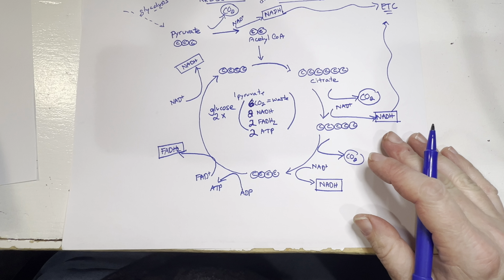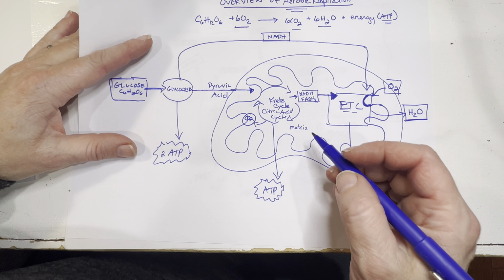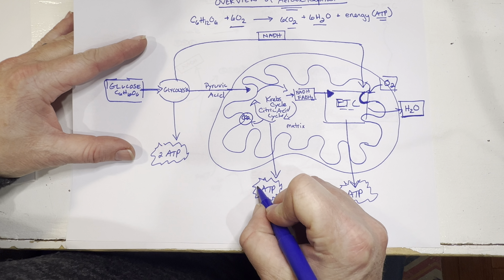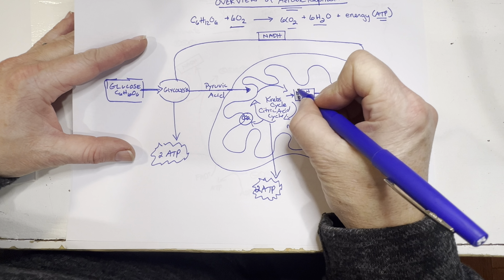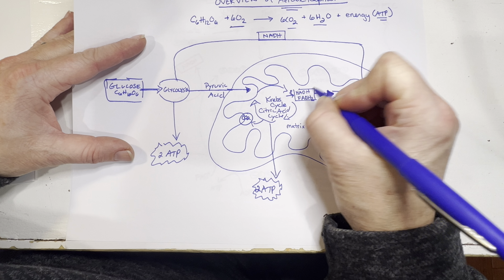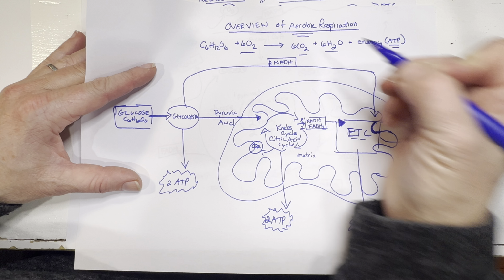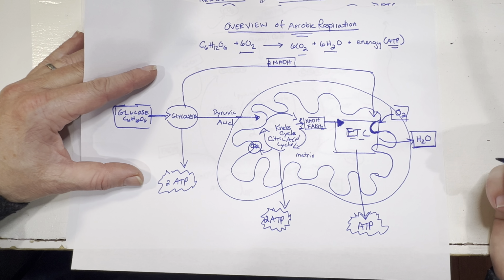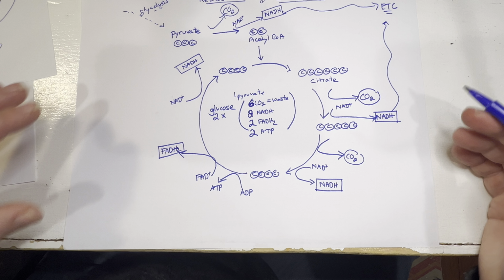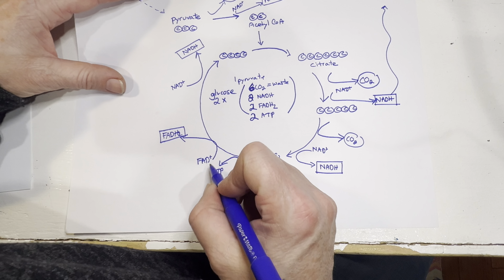So we can pop back over here to our overview for just a second, and we can put in a few numbers here. So we can put down 2 ATP here. We can put down 8 NADH, 2 FADH2, and then we can add in our 2 NADH up to the top there. So we can now go on to the electron transport chain.